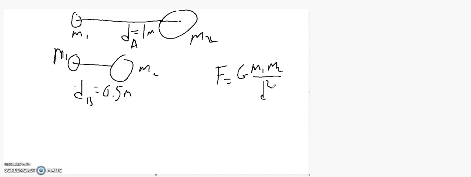When they're closer, it's going to be stronger, right? When things are closer, they're stronger. But let's see that mathematically. So here's the situation. This is FA, the first situation, and FA is just G times mass 1 times mass 2 divided by 1 squared.